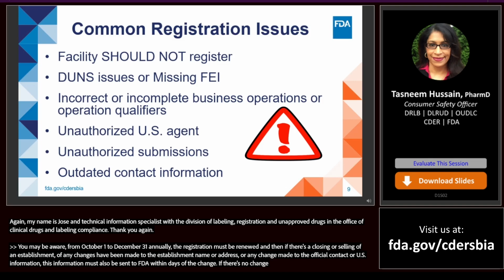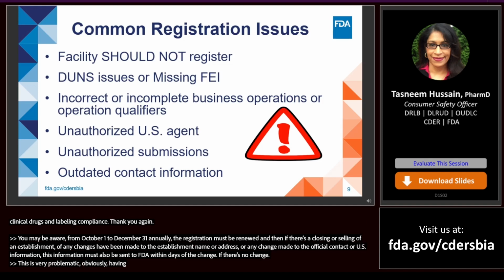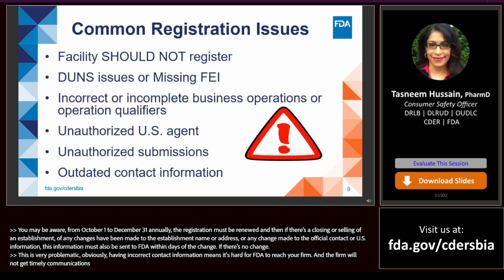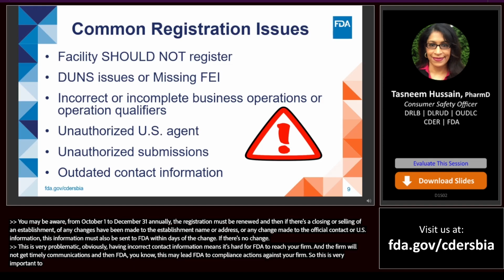This can lead to many issues. Having outdated contact registrant information is very problematic. Obviously, having incorrect contact information means it's hard for FDA to reach your firm, and the firm will not get timely communications. And this may lead FDA to compliance actions against your firm. So it's very important to have updated contact information.